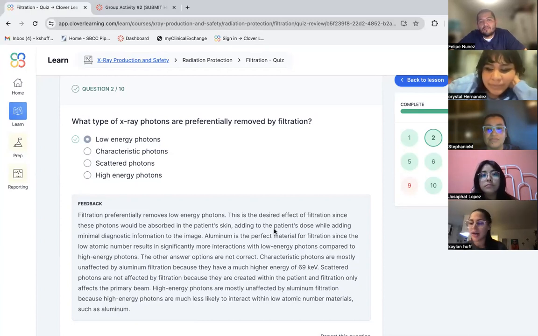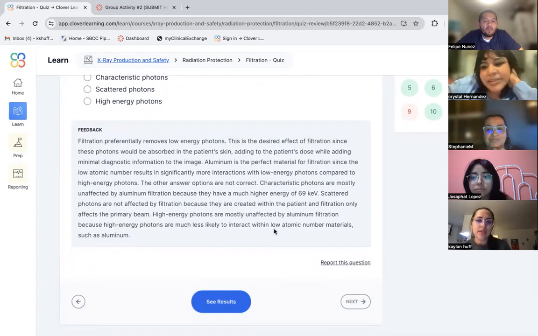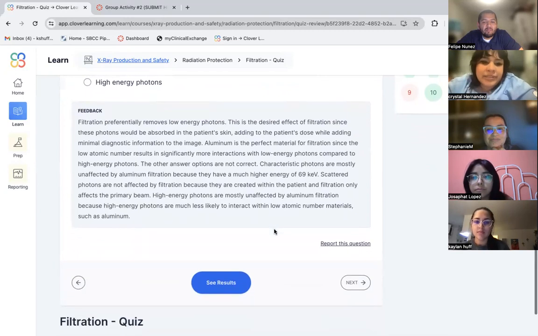I like that the video also related it to a water filter. It gets rid of the part that we don't need and keeps the larger photons. It gets rid of all the unnecessary radiation.